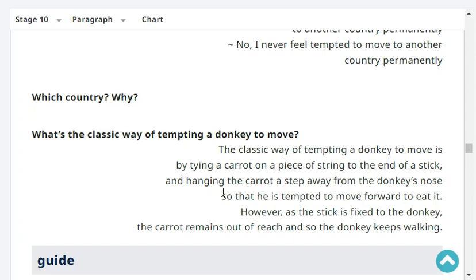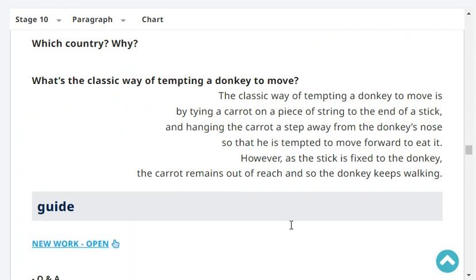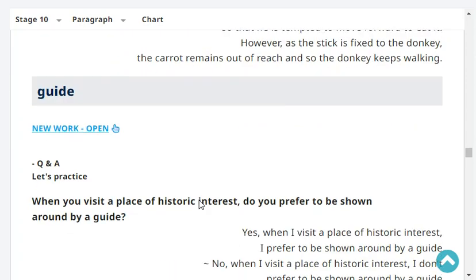However, as the stick is fixed to the donkey, the carrot remains out of reach, and so the donkey keeps walking.